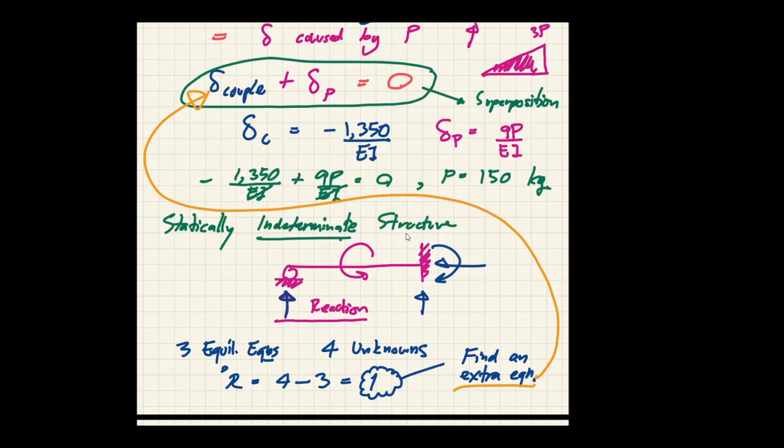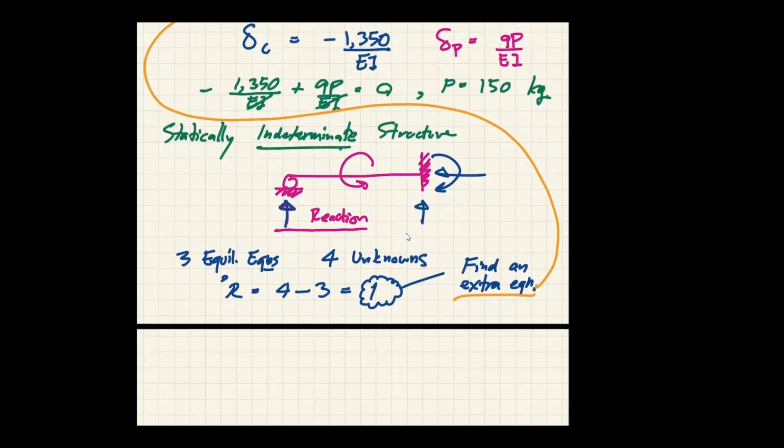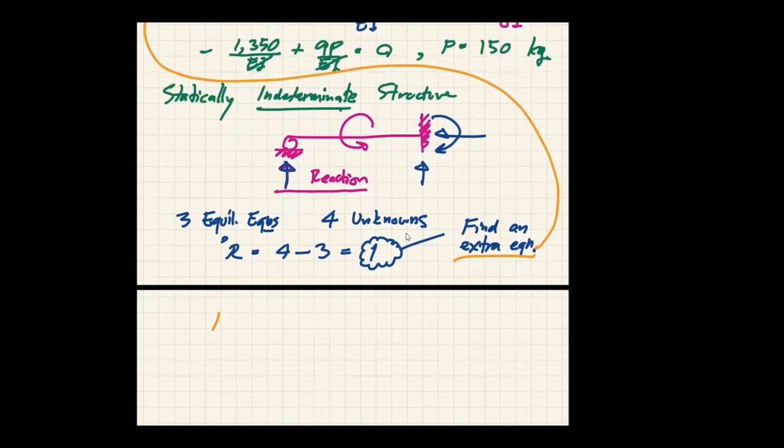We now use displacement to solve the extra unknown that we have. And we use it such that these two displacements, when they add up, must be equal to 0.